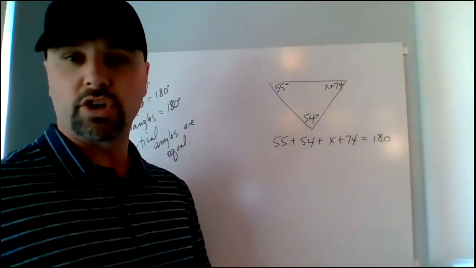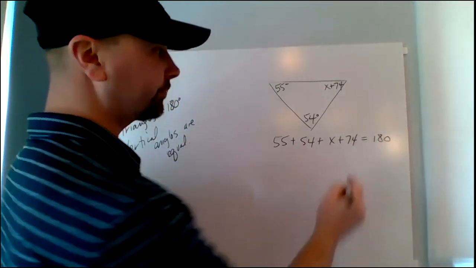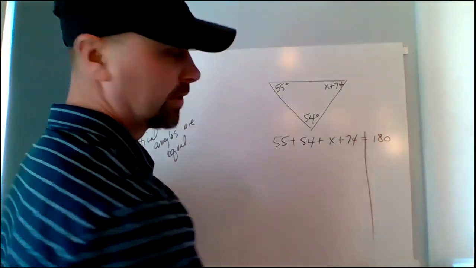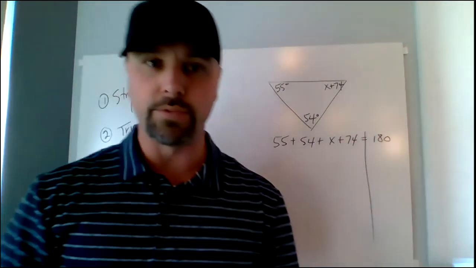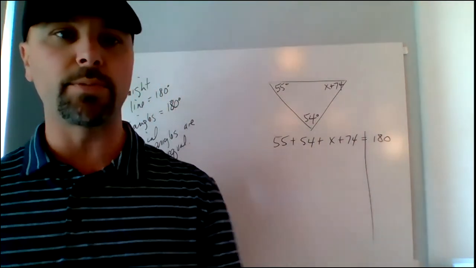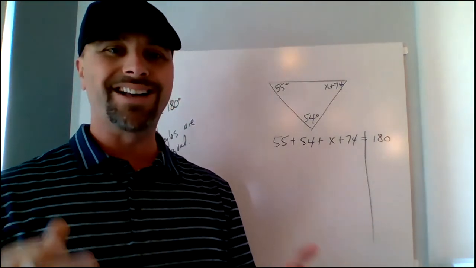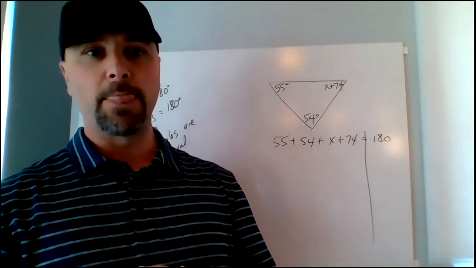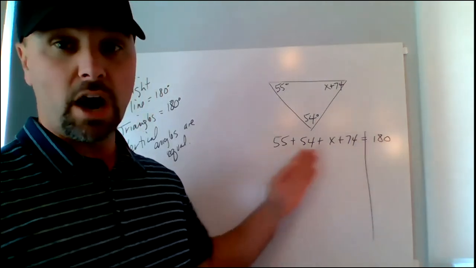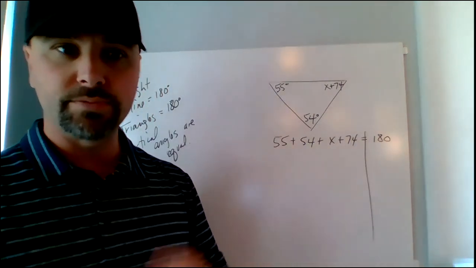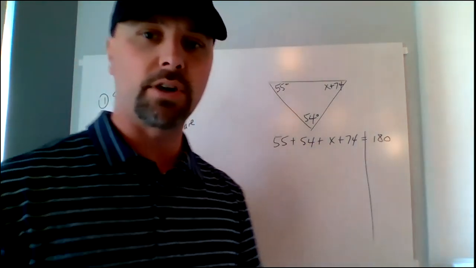Okay, so write your equation out. Quick review with algebra. Remember, what we're trying to do is solve for the variable. We do that by isolating the variable. Okay, we are not quite ready to start solving this equation. First step would be combine like terms.